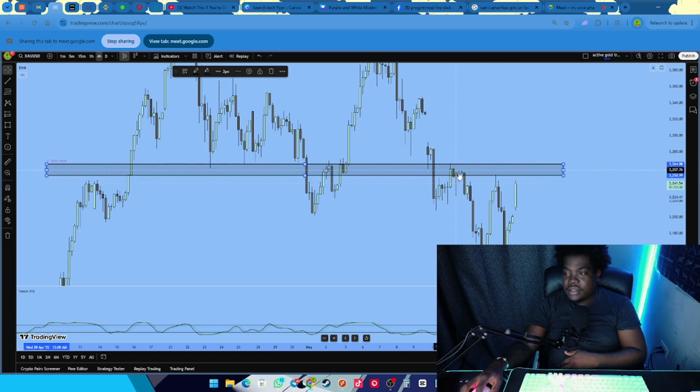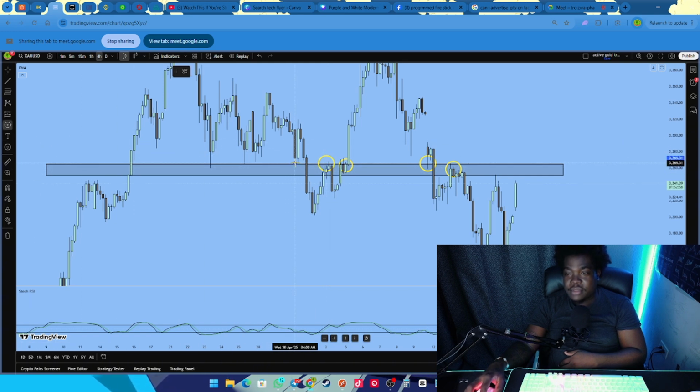The reason I would draw this one higher, and use this area, is because we get touches here, here, and here. You're looking for the place where you get the most resistance, rejection, or turnaround. This is what we're using.